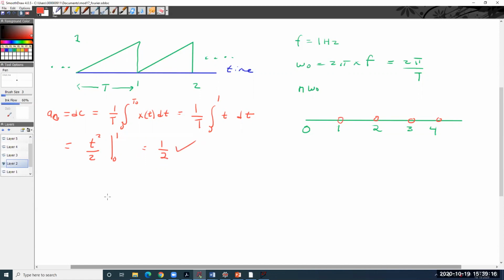But really, it's one half the base times the height.